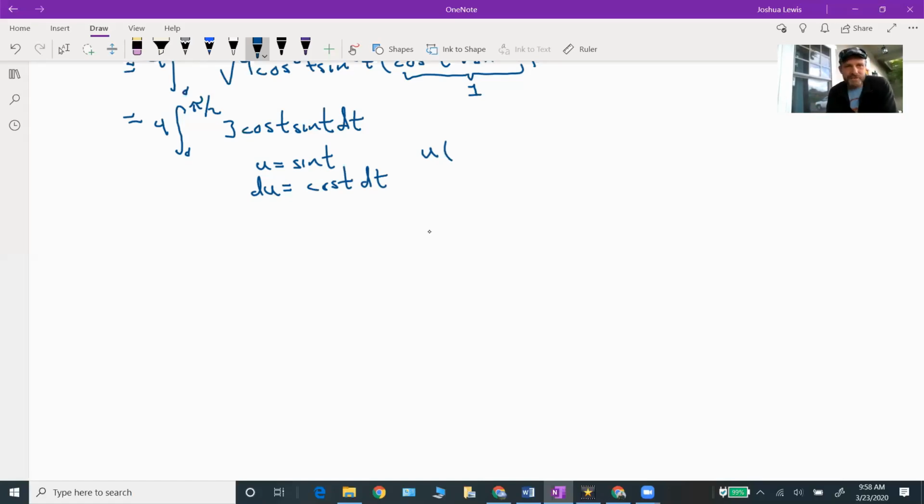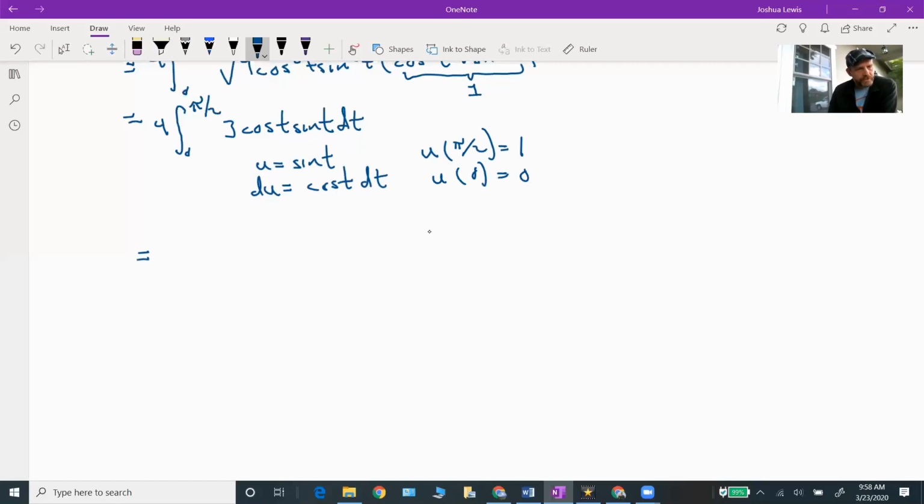And so that integral will just be 0, but we know that's not accurate because we can see its arc length, right? So I was smart to go from 0 to pi halves. So let's see here. u of pi halves is going to be 1. u of 0 is 0.